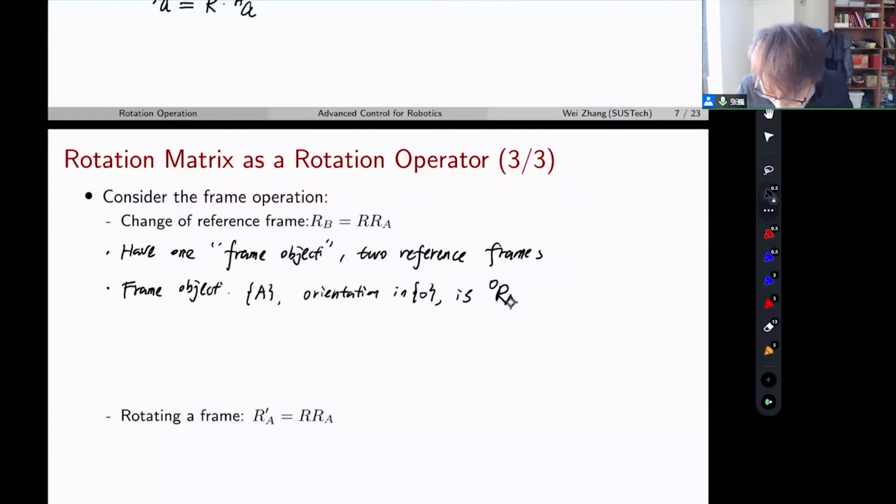That's the orientation of A relative to O. And we also have the orientation of A relative to B.